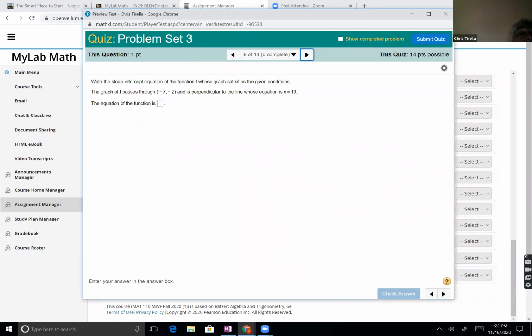Next one asks for the slope-intercept equation of the function whose graph satisfies the given conditions. And so over here, it passes through the point -7, -2, and it's perpendicular to the line whose equation is x equals 19. And again, because this is x equals, we know that this is a vertical line.